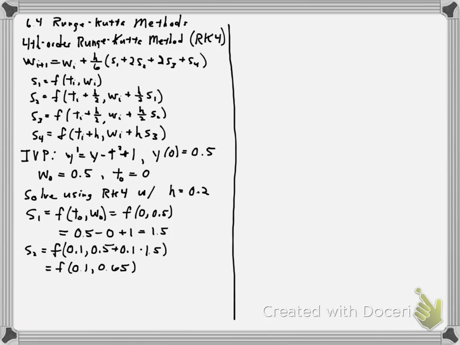And so our function evaluates to, let's see, 0.65 minus 0.1 quantity squared plus 1. This equals 1.65, and then minus 0.01, which is 1.64.